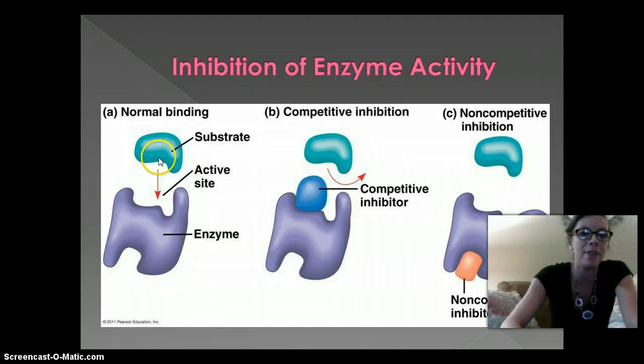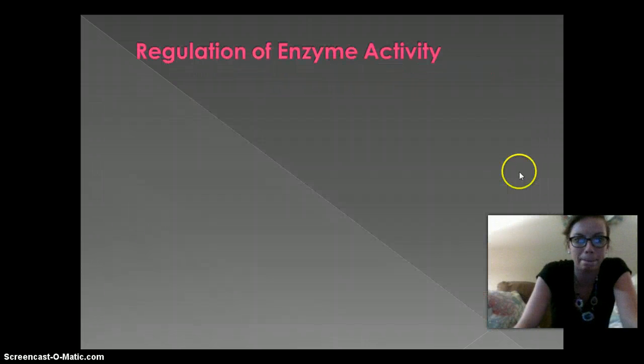You can see that the enzyme and the substrate fit together. Here, a competitive inhibition. We have a competitor that fits in, blocking the substrate, and then the non-competitive inhibitor is going to bind to another part, changing the shape of the enzyme, making the substrate not fit properly.